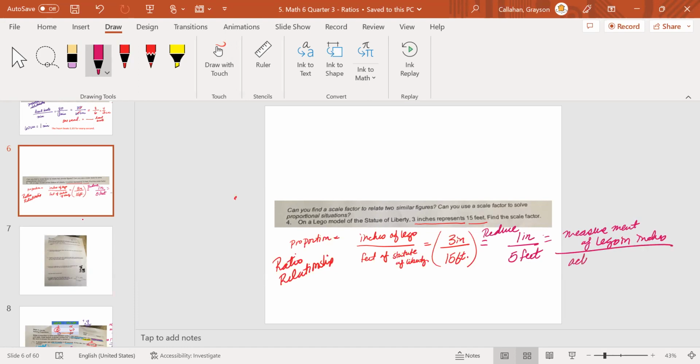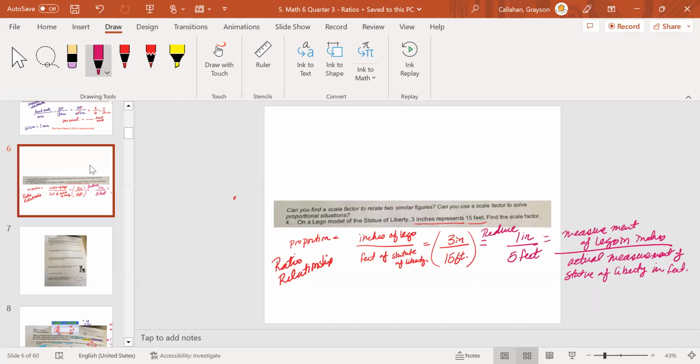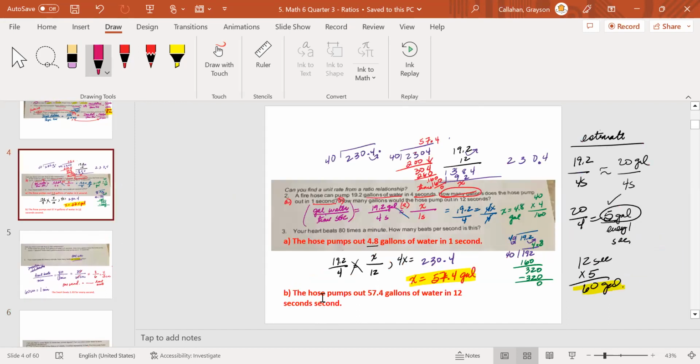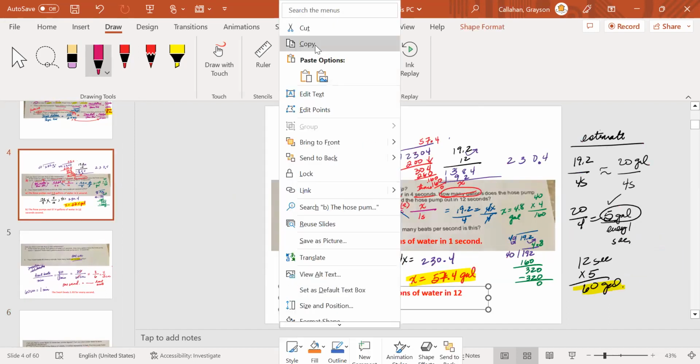Denominator is the actual measurement of the Statue of Liberty in feet. So 1 inch on a Lego equals 5 feet of the actual Statue of Liberty. Does that make sense?